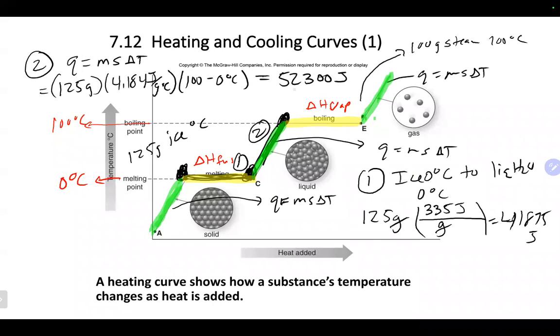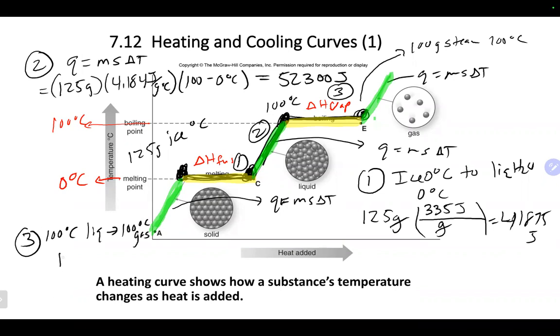Now, you may say to yourself, I'm at 100 degrees Celsius, but I am at 100 degrees Celsius liquid water. So the last step would be to take it from 100 degrees liquid water to 100 degrees steam, which would be the third step that you would have to do in this process. And that would be the heat of vaporization that you would need. So the third step here would be to go from 100 degrees liquid water to 100 degrees gas, basically.